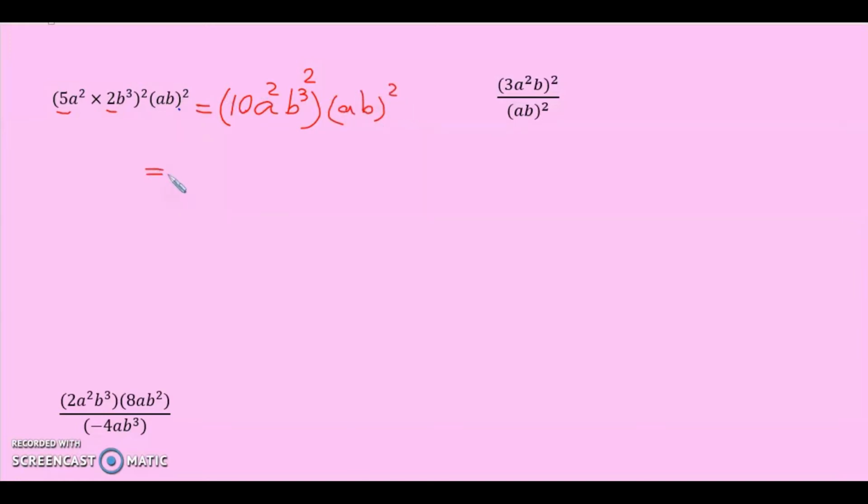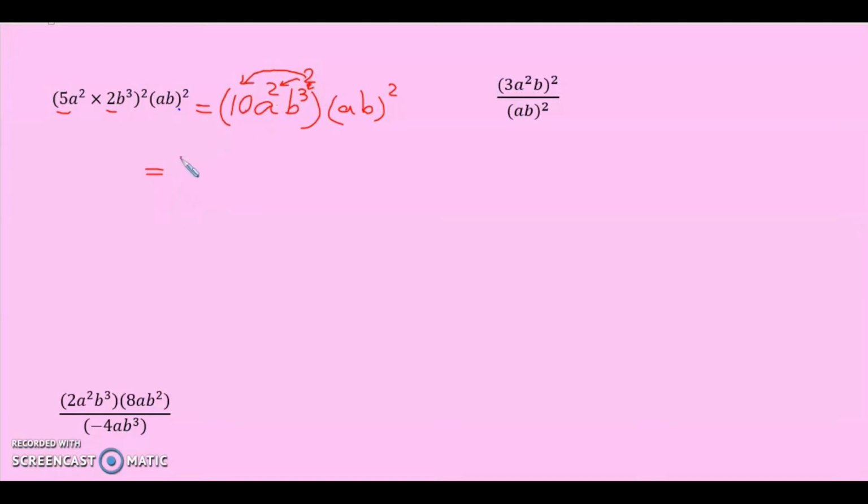So, next step. Now, same as the previous example, you have to apply this outer exponent inside the brackets for all of them. So let's raise each of them individually.